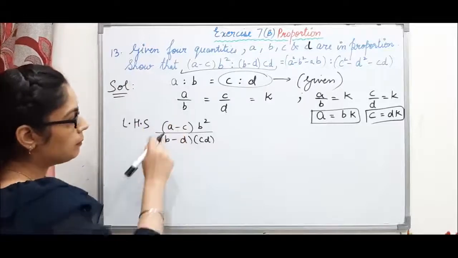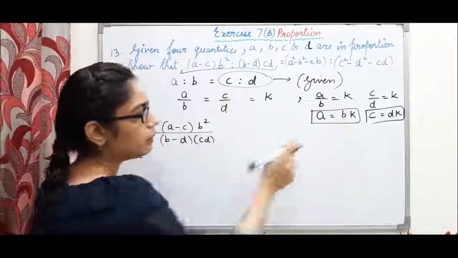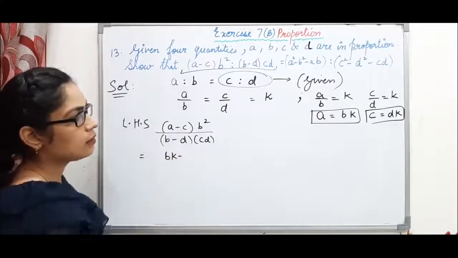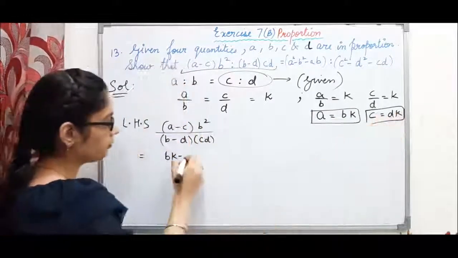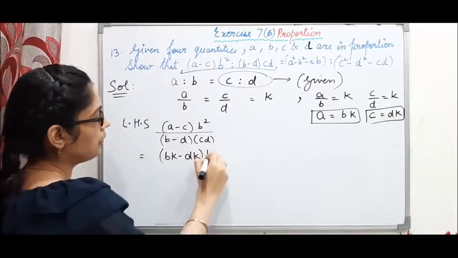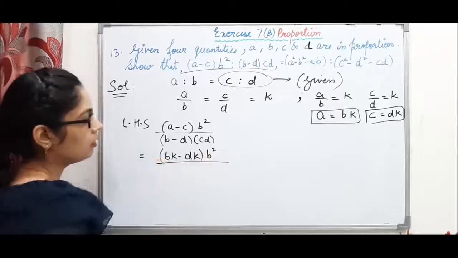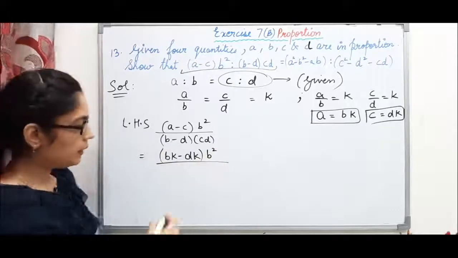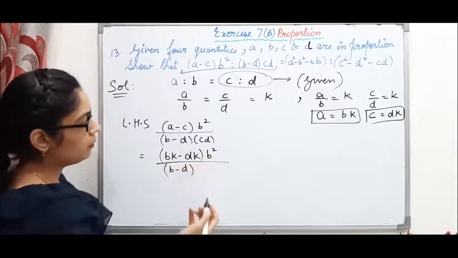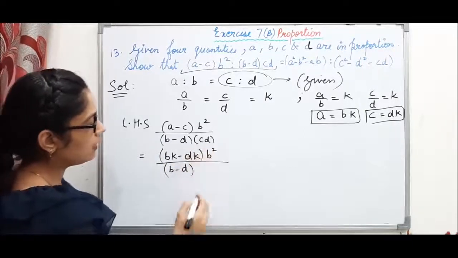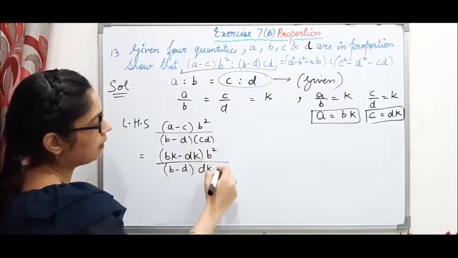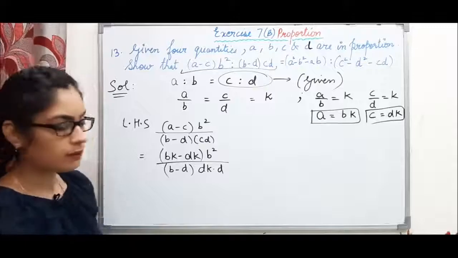So (BK minus DK) into B square, and (B minus D) into B square, this is C into D, so C is DK and D we write as D only.